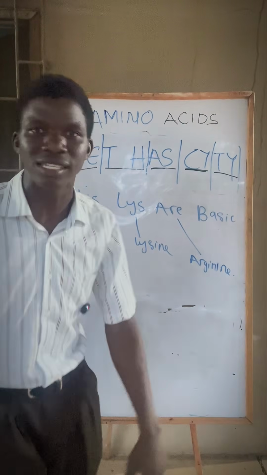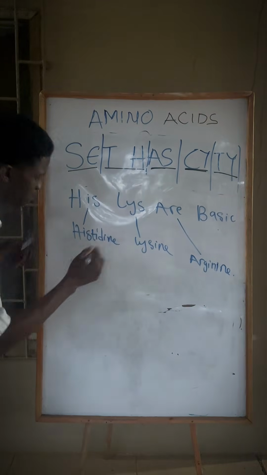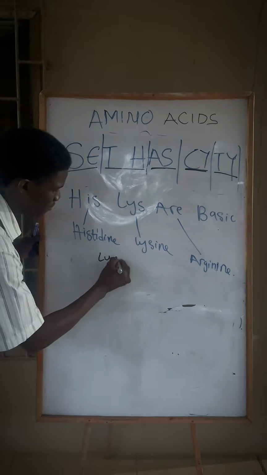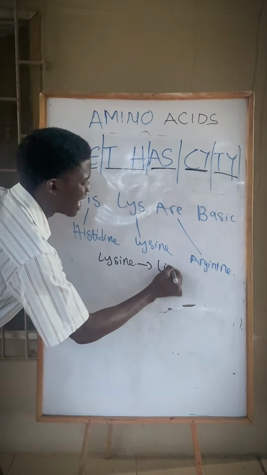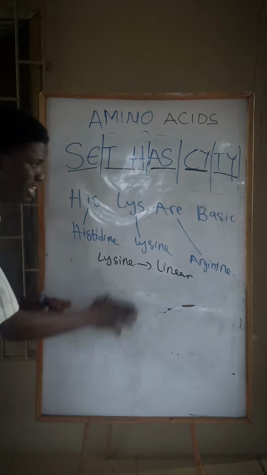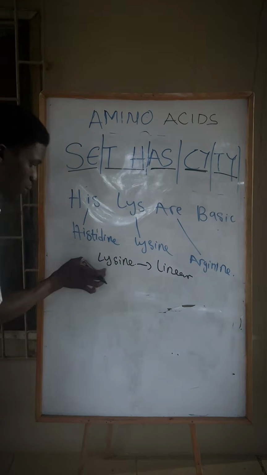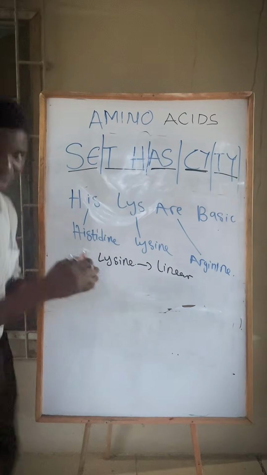After the NCC, you're going to add 4 more carbons to them. So lysine: its structure is linear. Just a trick, it is linear. Others are not like that. Just know that it has a linear, straight structure.